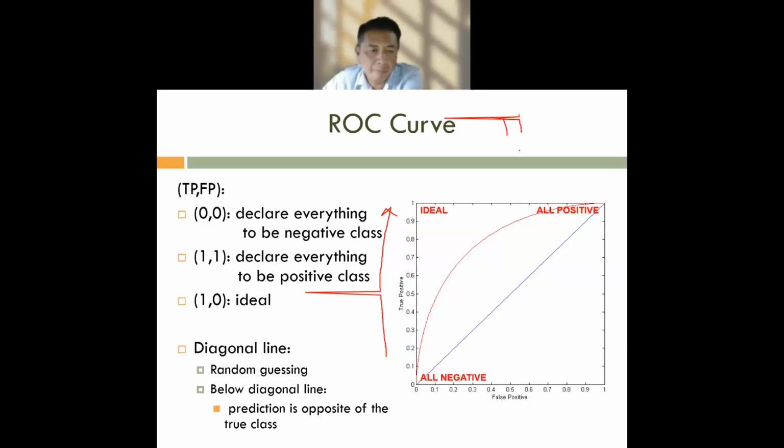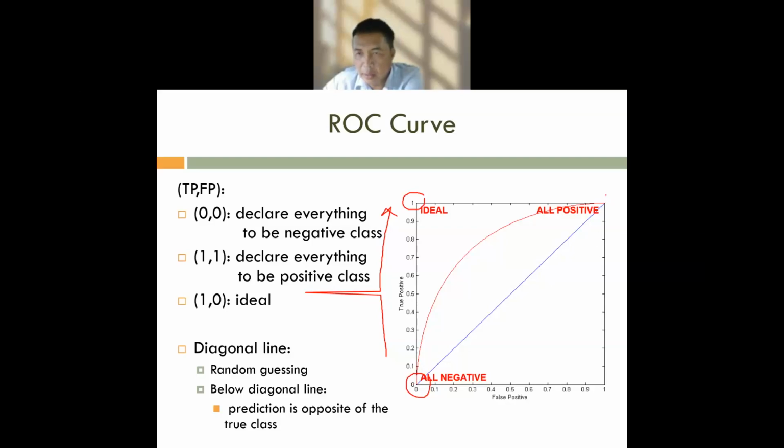When you are here, your true positive is 1, meaning that you manage to get all the true positives correctly classified. When you are here, your true positive is 0, so we assume that all your samples are negative here.